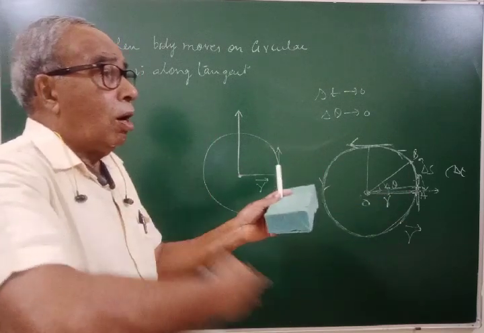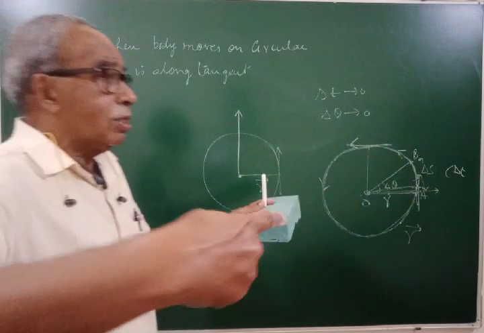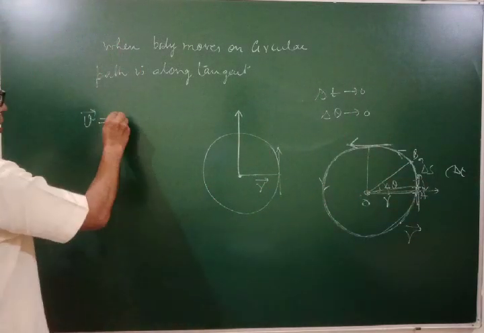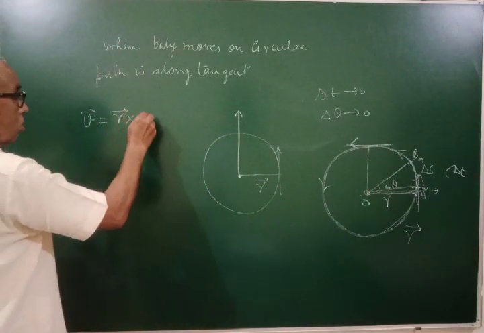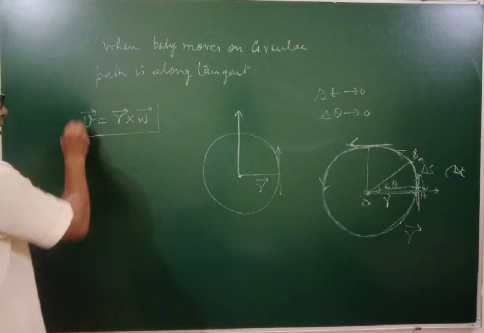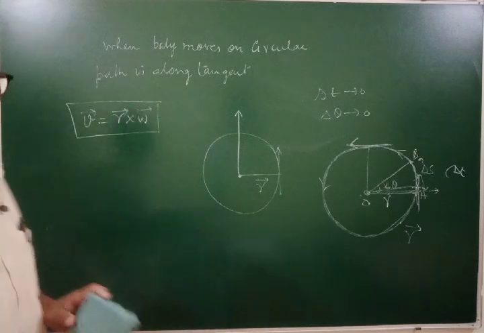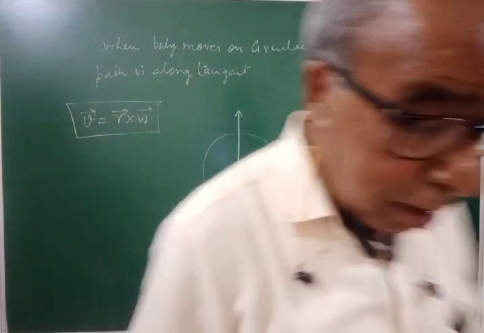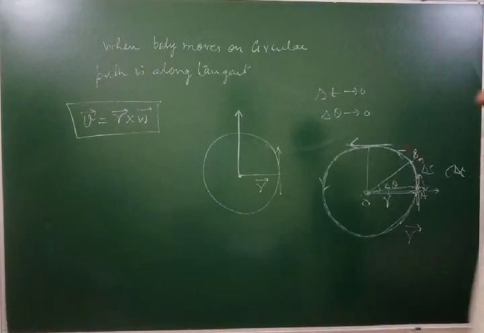So it is r cross omega, because position vector is a vector and omega is also a vector.